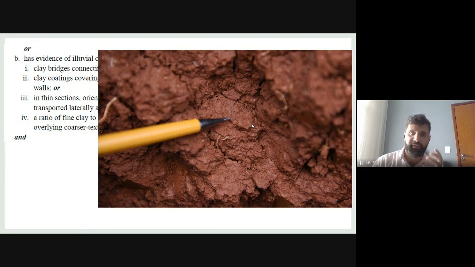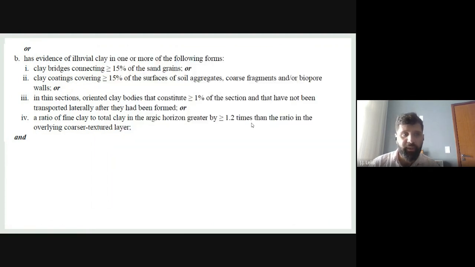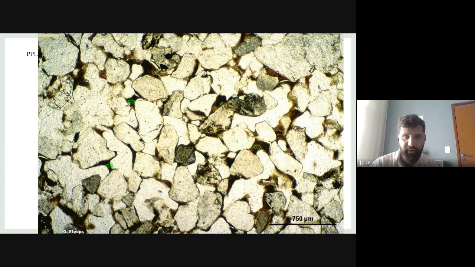So even if the clay content increase did not follow the diagnostic criteria, if you can see these clay coatings covering the surface of the pads of the aggregates, these shiny surfaces, you can identify an argic horizon, okay?